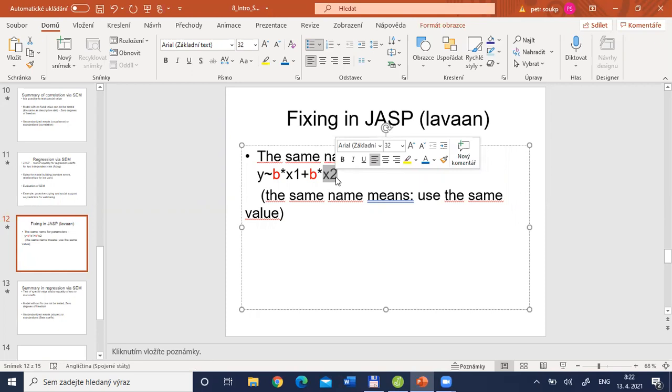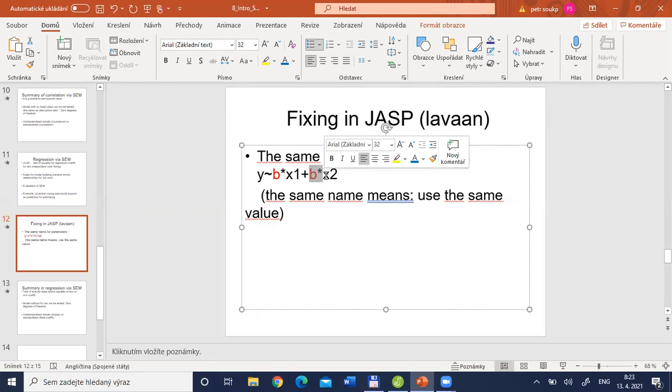And the easiest style of this fixing is based on adding the same letter, which says these two parameters, so it means these two regression coefficients should be the same. So if I type the regression equation in Lavaan and I'm using the same letters for two or more parameters, these parameters would have the same value.